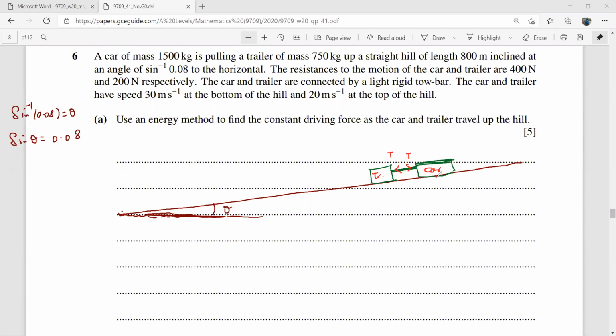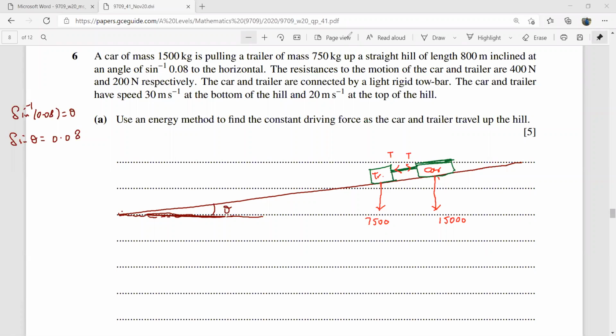Let me show the weight over here. This has to be a vertical line downwards. So here is a weight that is 15,000, and this weight over here is 7,500.